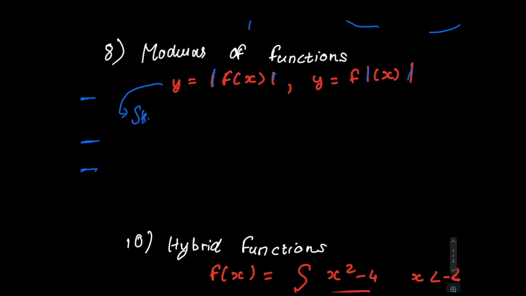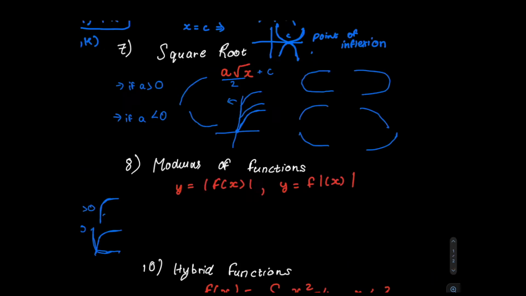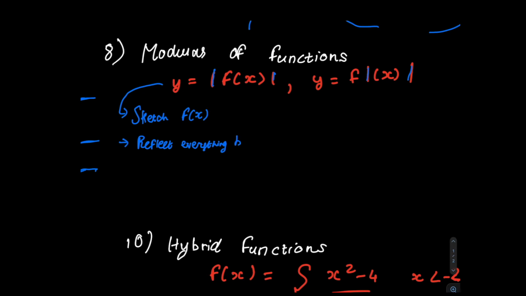Basically you sketch f of x, and then you reflect everything below the x-axis to above the x-axis, and then you keep the other parts as well.